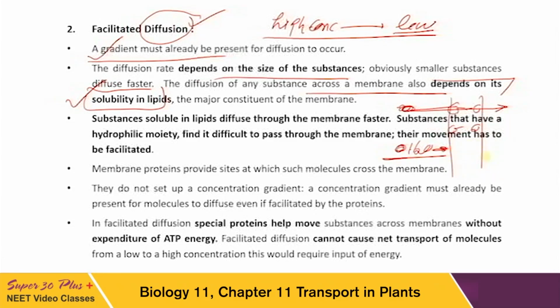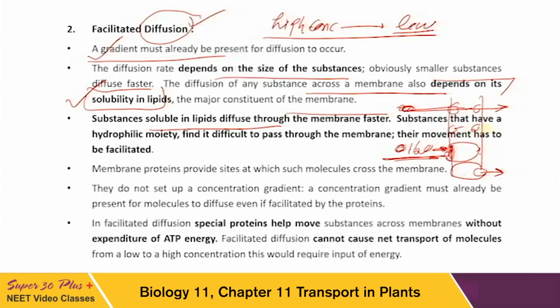It is facilitated by protein molecules which are found in this plasma membrane. These protein molecules take the substance soluble in water at one end, then rotate to the other side and leave the substance there. A substance soluble in lipids diffuses easily and faster through the membrane.